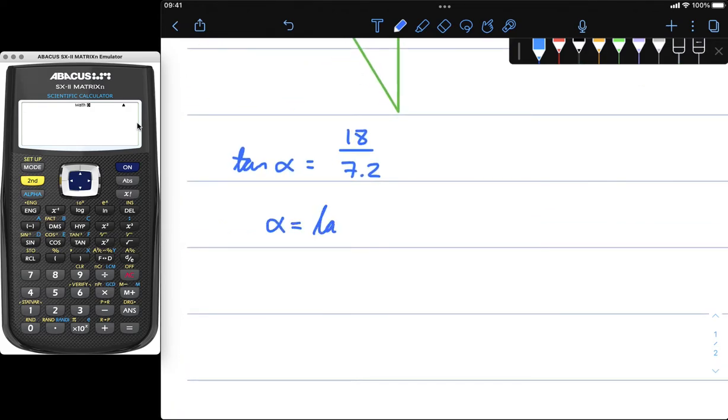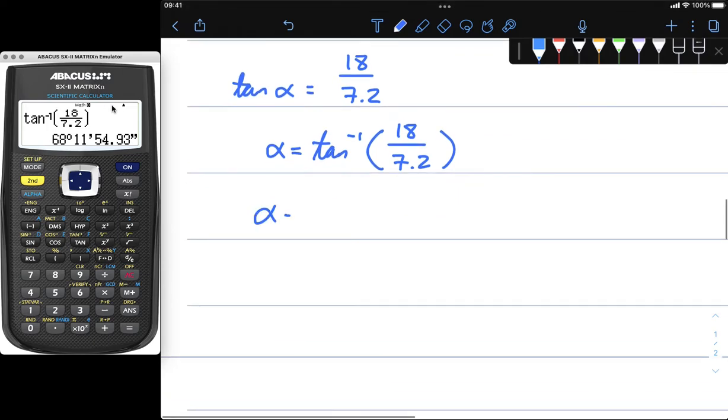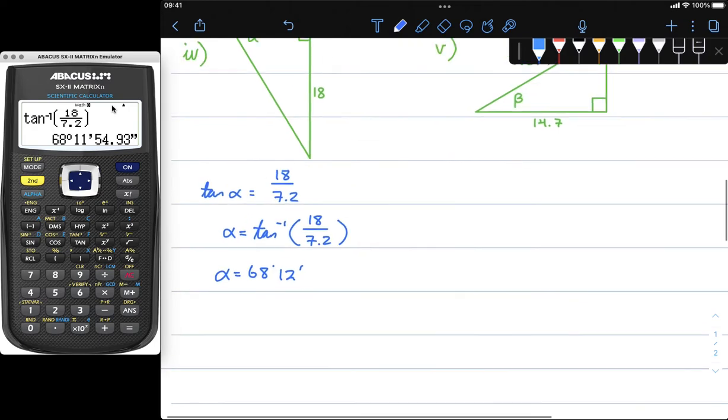Alpha is equal to tan inverse 18 over 7.2. Into our calculator, shift tan inverse of 18 over 7.2. Closing our brackets. And rounding to the nearest minutes, we get alpha is equal to 68 degrees and 12 minutes.